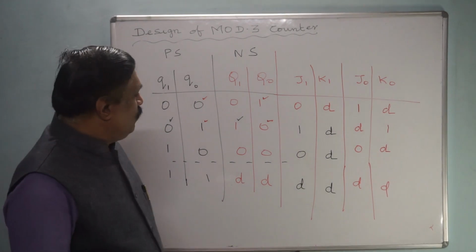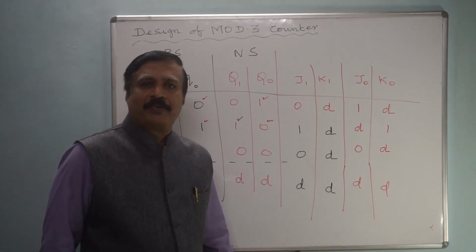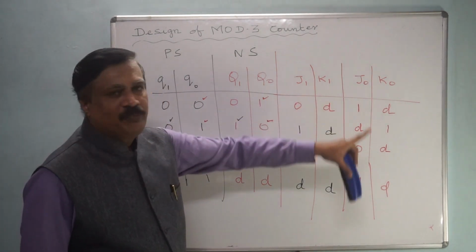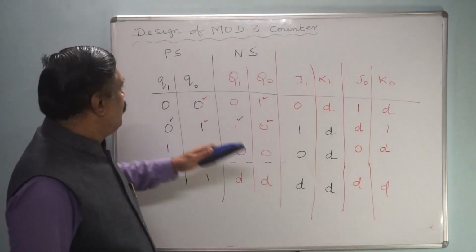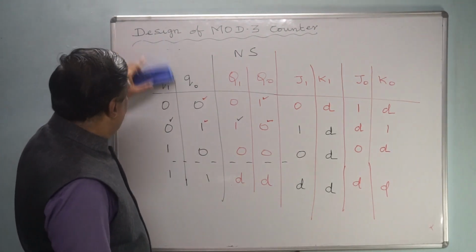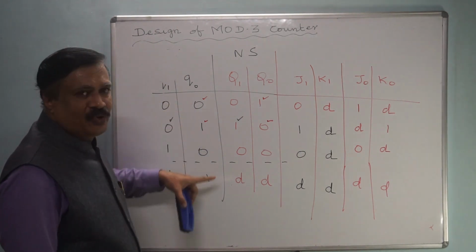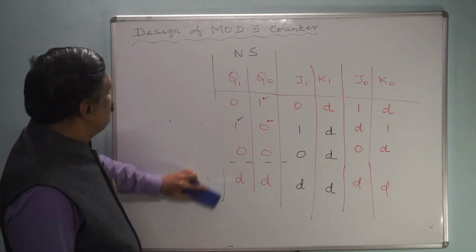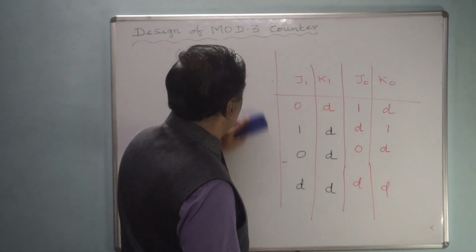Now you have to prepare the K-map. How to prepare the K-map? We are going to use Q1, Q0, and already you know how to prepare the K-map, therefore I am erasing this.